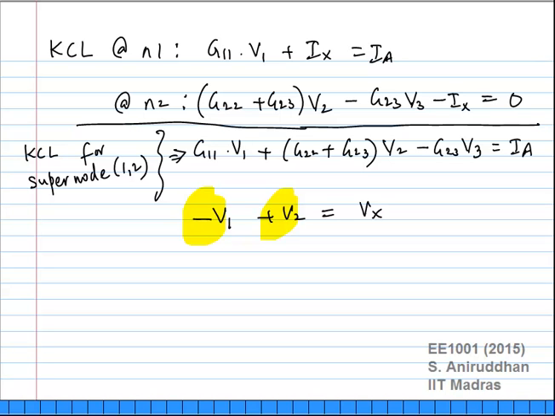So you would have a row in the matrix which would look like minus 1, 1, 0, times the voltage vector V1, V2, V3. I hope everybody sees this. And the right hand side would not only have independent current sources, but also these independent voltage sources. So you can still write this in matrix form.